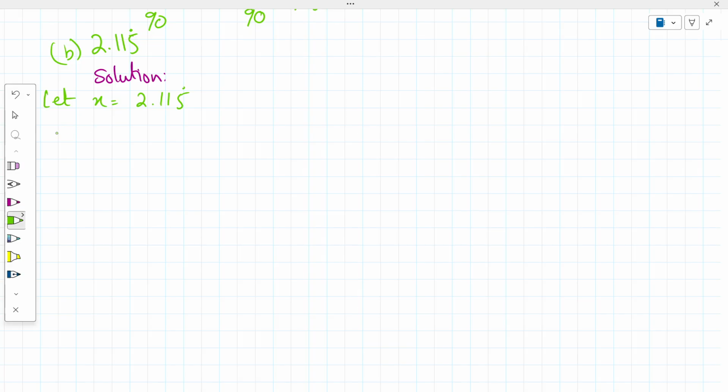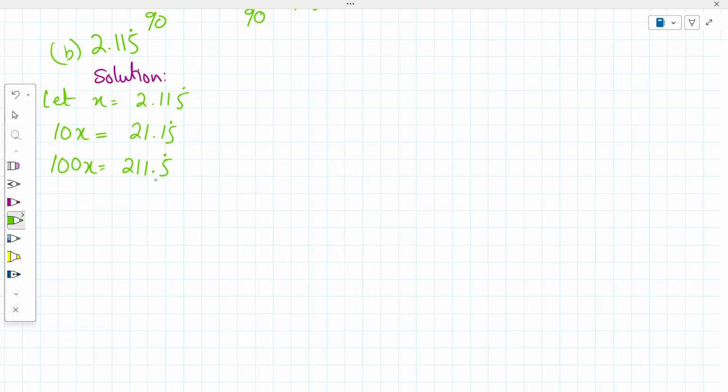After multiplying by 10, x is equivalent to 21.155 recurring. Again we are multiplying, so 100x is 211.55 recurring.